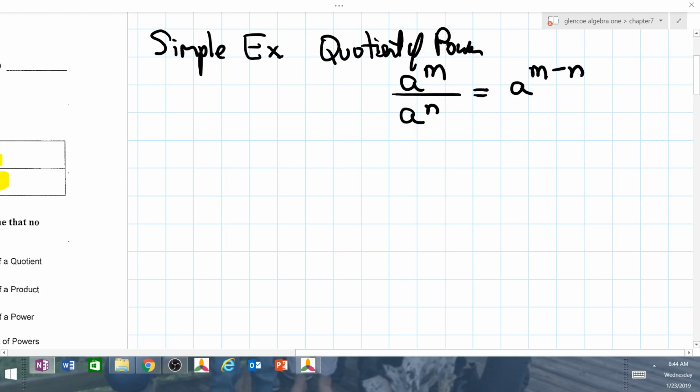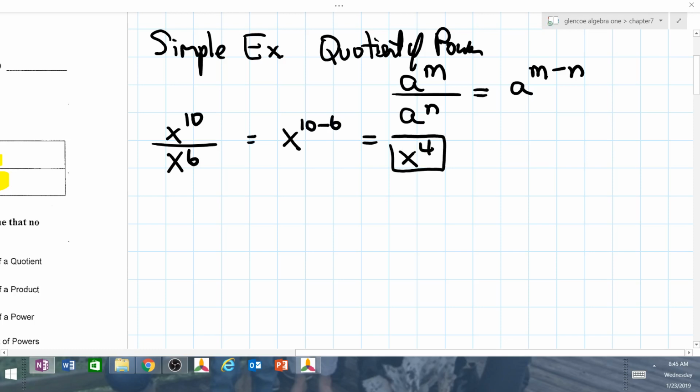So if I gave you x to the 10th over x to the 6th, we are going to say that is equal to x to the 10 minus 6 or x to the 4th power.